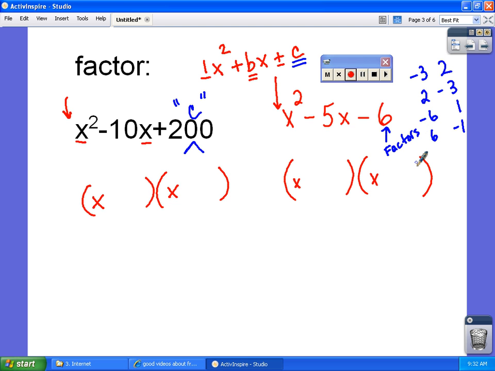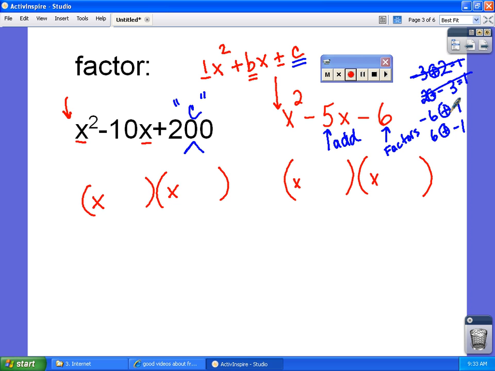But not only do they have to be a factor of negative 6, they have to add. The two factors have to add to whatever the b is. So we're looking for two of the factors that when you add them together, you end up with a negative 5. Well, this one gets you negative 1, so this can't be it. These factors get you positive 1. Well, that's not it either.